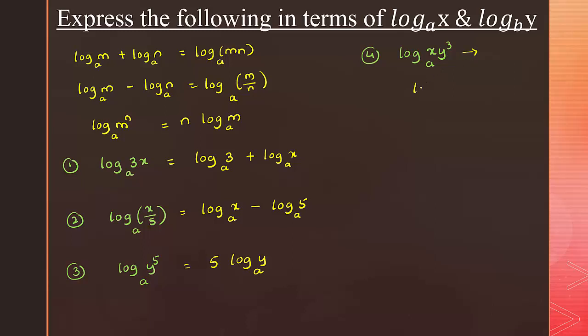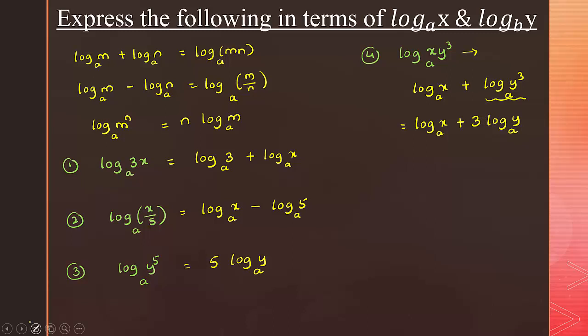I can write it as log x to the base a plus log y raised to 3 to the base a. That is the first rule of logarithm, the additive identity. Then log x to the base a, keep as it is, plus log y raised to 3 to the base a. Here we can use the third rule of logarithm. So we can write it as 3 times log y to the base a. Is it clear? Here we used both the first and the third rule.